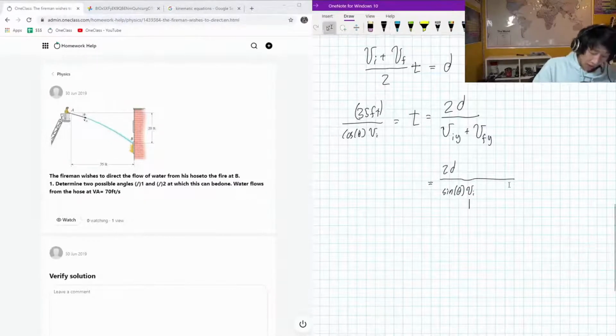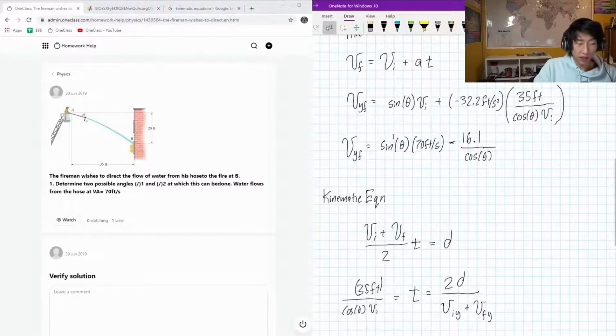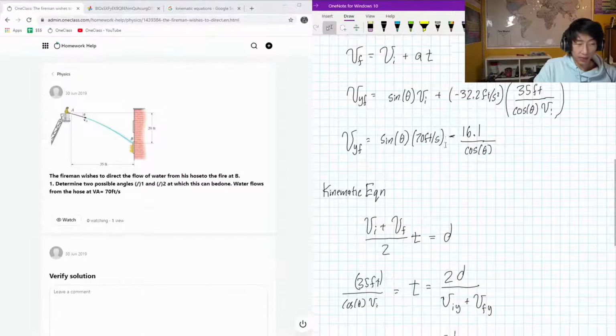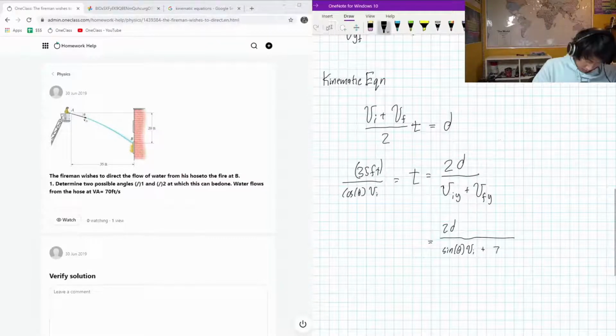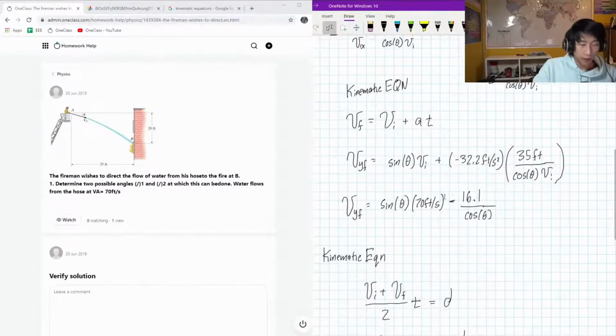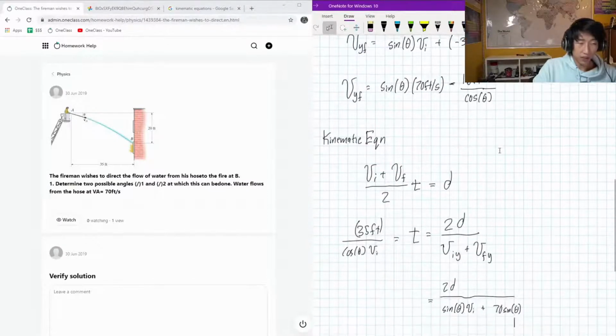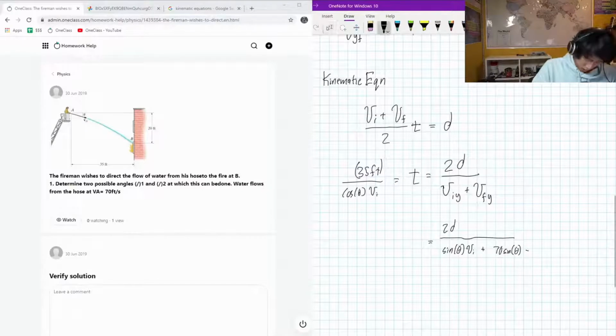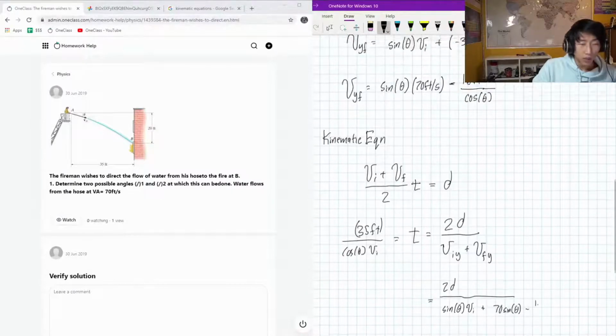Then we have the y component, which we just calculated here, so that's going to be sine theta times 70. Let's just write 70 sine theta minus 16.1 divided by cos theta.